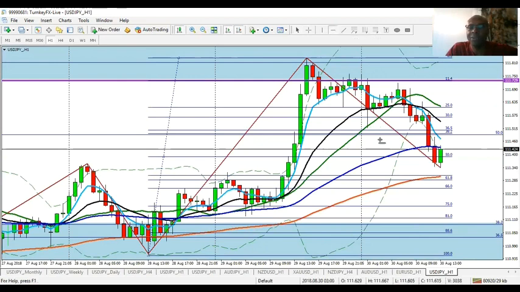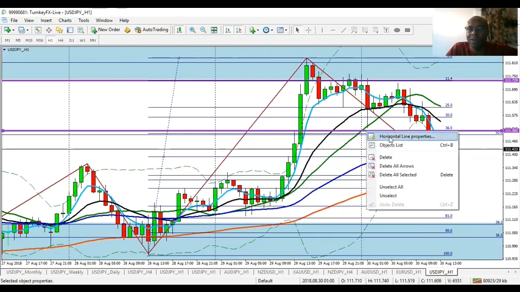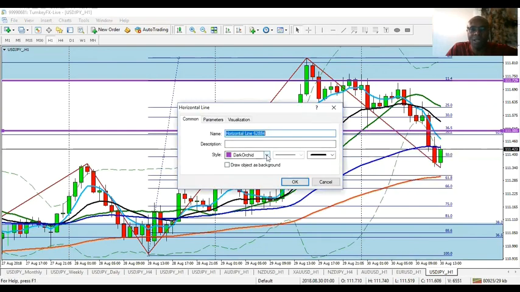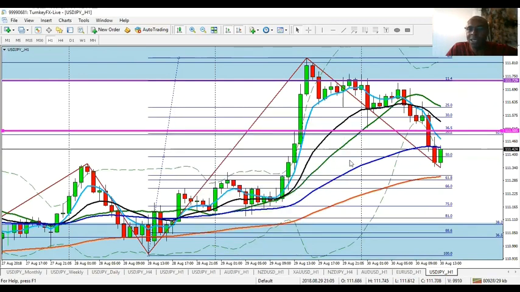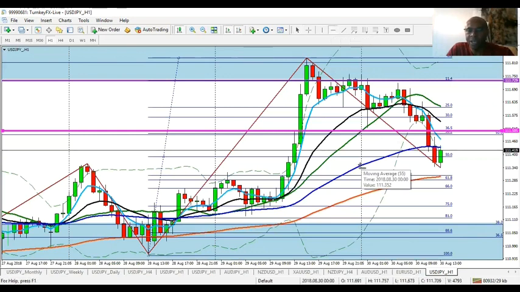Next thing, we identify our intersections, the 20 Bollinger where it intersects the period separator. I'm going to give this horizontal a different color. You double click it, right click, go into horizontal properties. I'm going to give it a magenta color. That way I know this line applies to the hourly time frame. All right. So we draw a resistance area there. We got another one here at the 55.